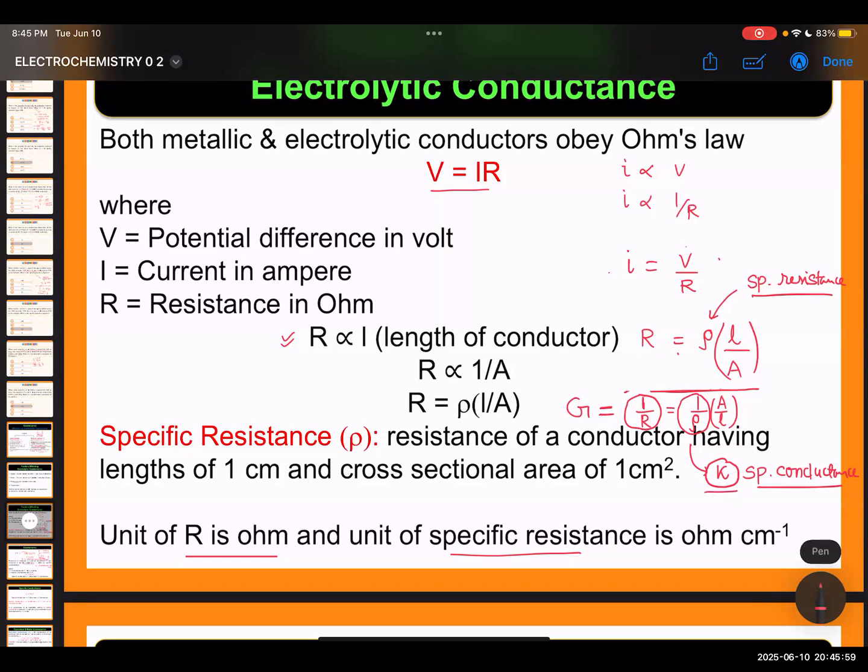Yes, sir. Okay. So G is the conductance, equal to kappa. This is the Greek letter kappa, specific conductance, also known as conductivity.